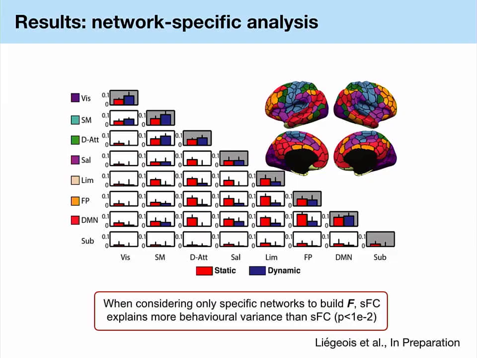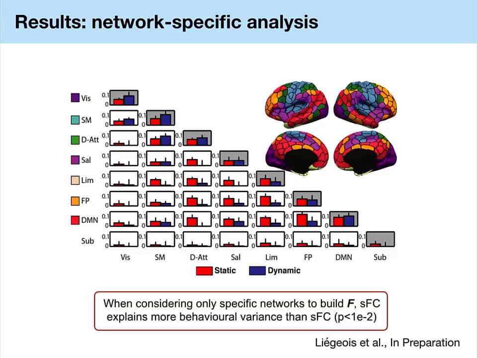And then finally, the last analysis we did is to explore whether static and dynamic functional connectivity markers are capturing different types of behavioral information. And to question this, we compared behavioral variance explained by SFC and DFC, but for each behavioral measure.